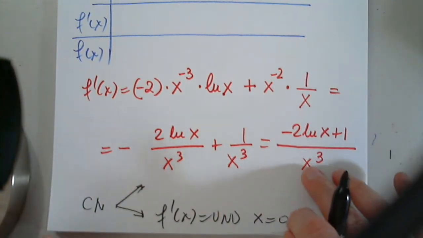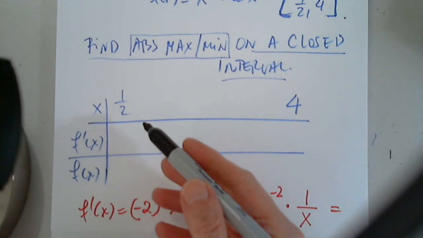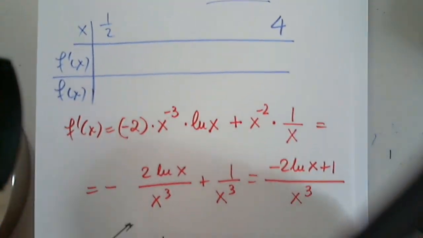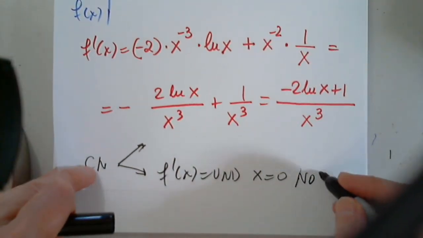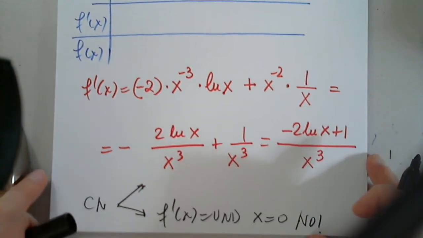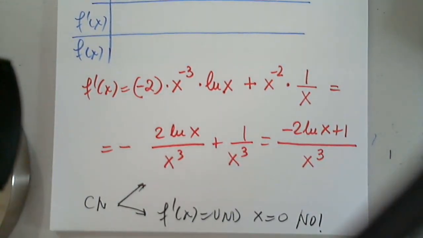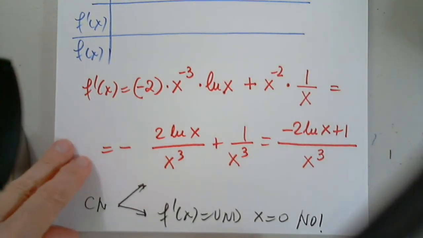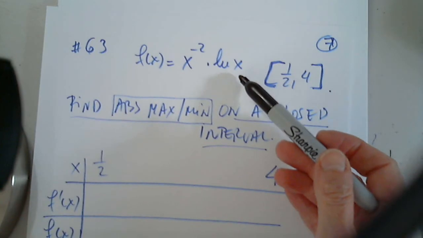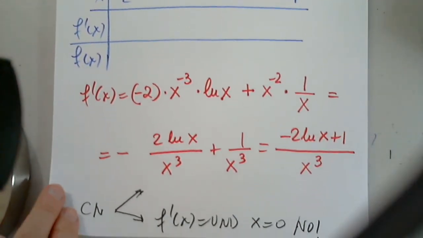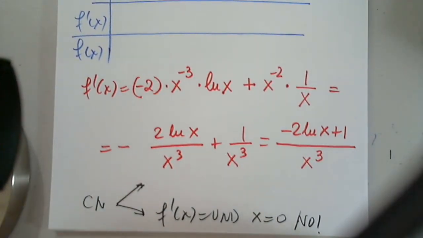I want to put it in the table. It doesn't fit. No. Okay. The other option. It doesn't fit not just because of that, but also because I can't plug 0 into natural log, since the function is undefined at 0. Okay, what is the other option?